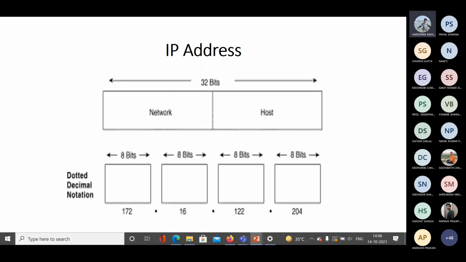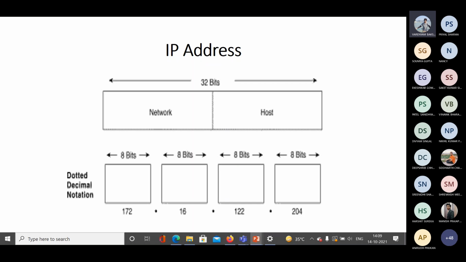Let's get to the IP address. What we know until now is that we are looking currently at IPv4 addressing. So we have a 32-bit IP address here, and in these 32 bits we have the network part and also the host part. The network part will determine the subnet and some other things, which we will look at in this class.